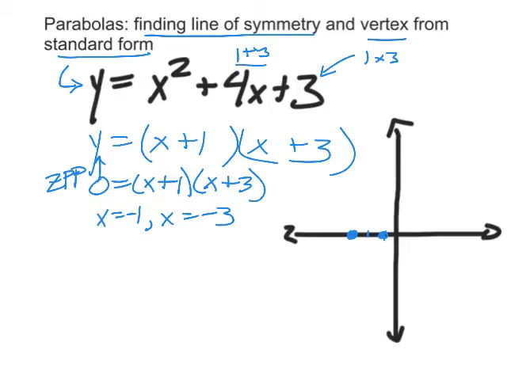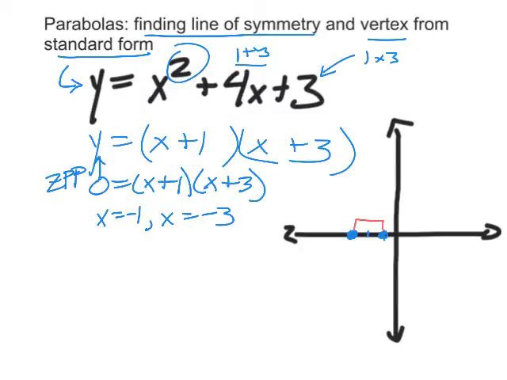Now we've talked a little bit about how important symmetry is, and this is a place where symmetry becomes really important, because we know this is a parabola since it has an x squared. Knowing that it's a parabola, all of our points have to be symmetric about the line of symmetry. The key thing to know is that the line of symmetry goes perfectly through the middle of those two x-intercepts.